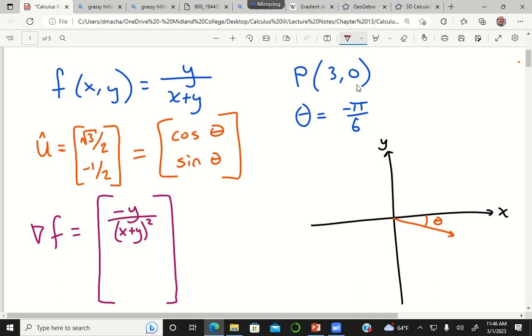And then what is the partial of f with respect to y? x plus y minus 1 over x plus y squared. Okay, so it should just be x up top, right?